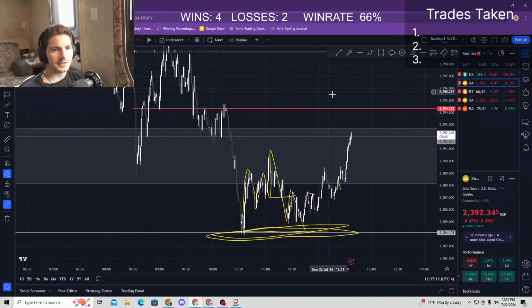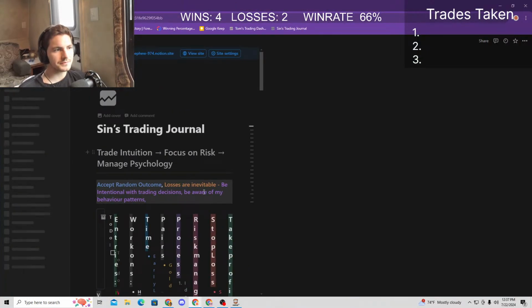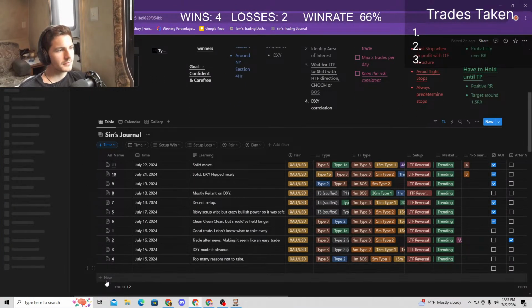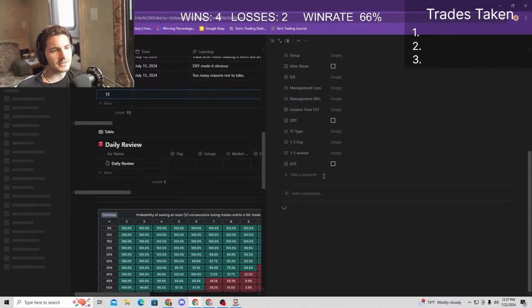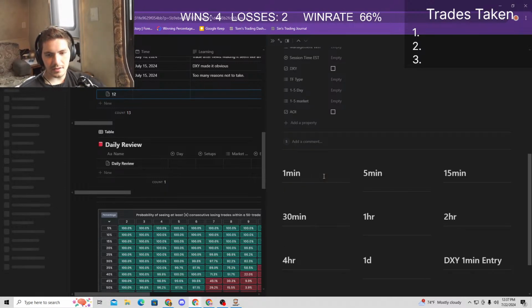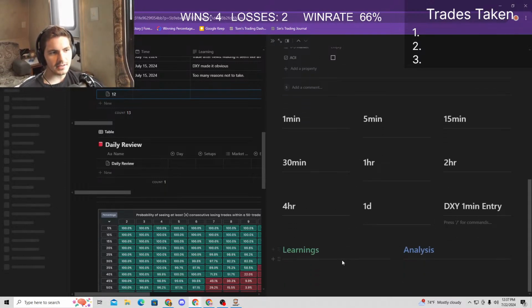So I think learnings from this. Alright, yeah, learnings from this are going to be: check DXY to see if it's correlating. Well, check to see if DXY recently correlated.